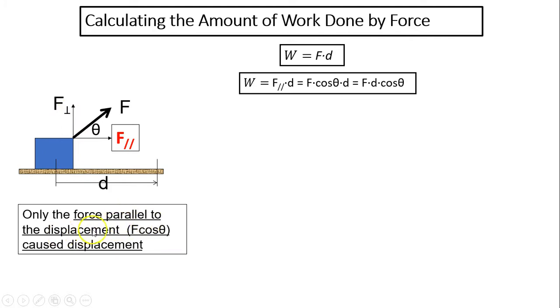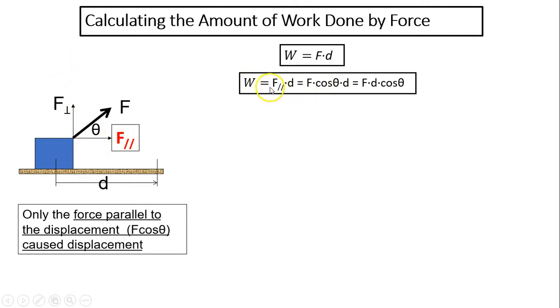Only the force parallel to the displacement does work. This F parallel equals F times cosine theta because it's adjacent to theta, using SOHCAHTOA. That F times cosine theta is doing the work. So only this F times cosine theta, or F parallel, causes the displacement. So the work done by F should be equal to F parallel times d, because the other part didn't cause the displacement.